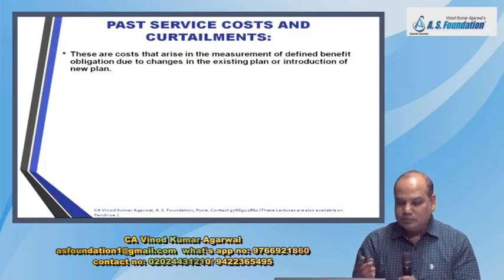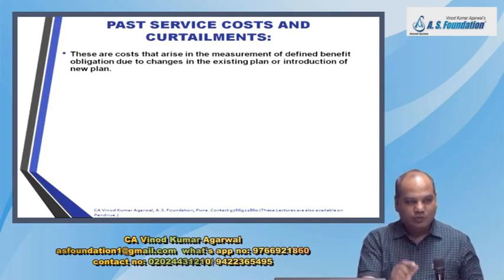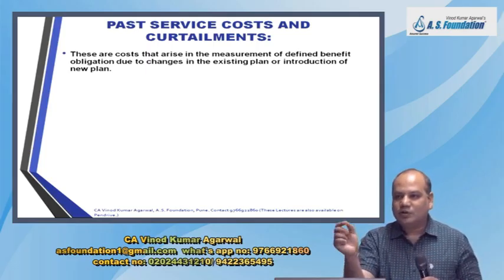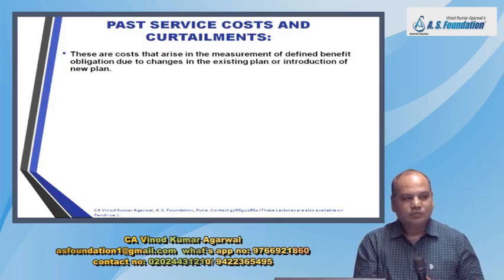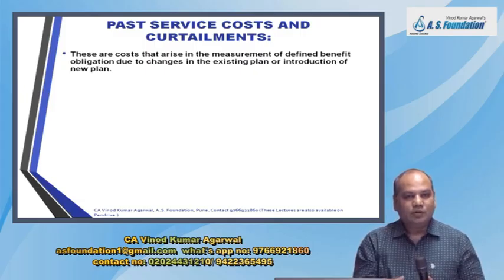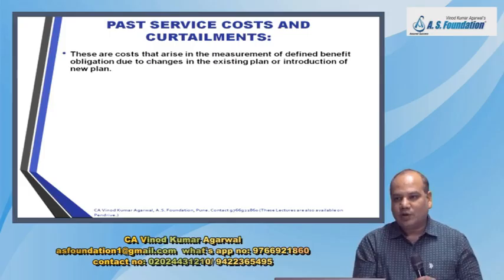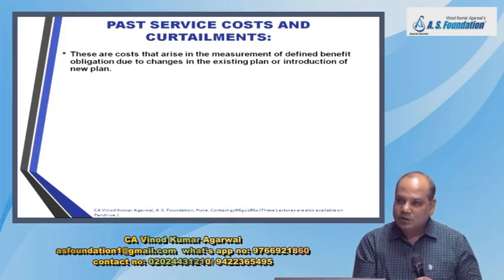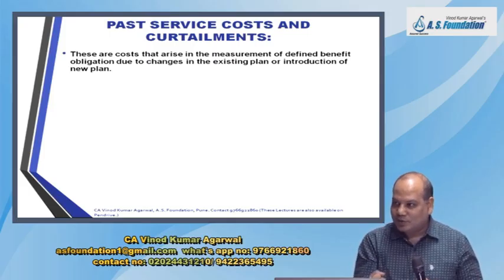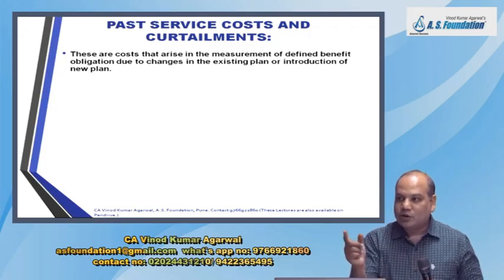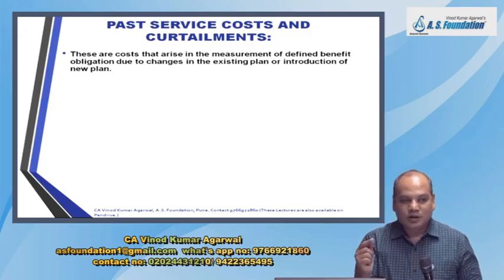For example, in the previous question we said the gratuity will be 30% of last drawn salary. What if they say now it will be 40% of last drawn salary instead of 30%? Possible? The employee will be happy. But this is not a change in actuarial assumption. It is a change in the plan only. So this is past service cost.